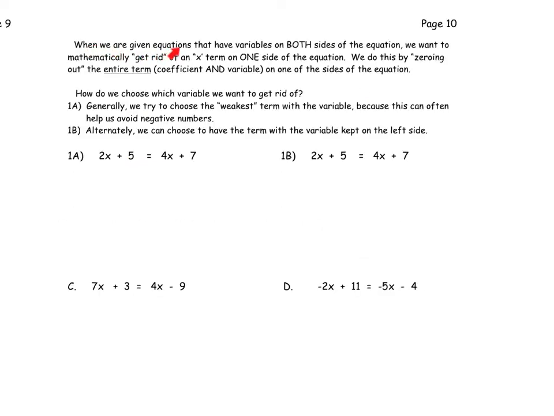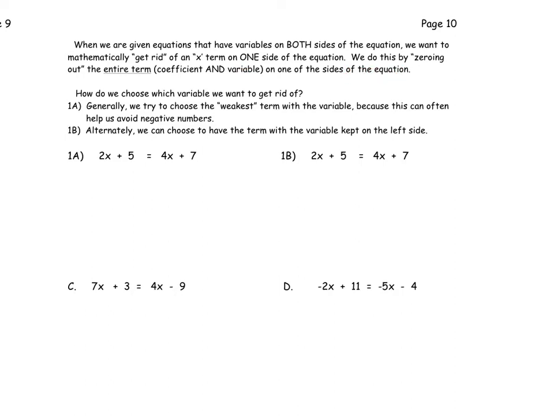When we are given equations that have variables on both sides of the equation, we want to mathematically get rid of an x term on one side of the equation. We do this by zeroing out the entire term, coefficient and variable, on one side of the equation.